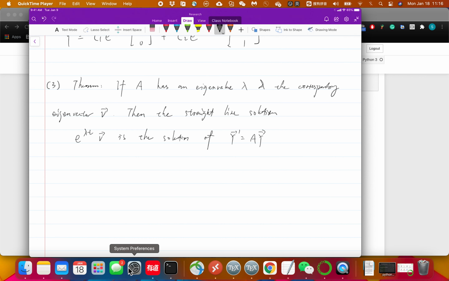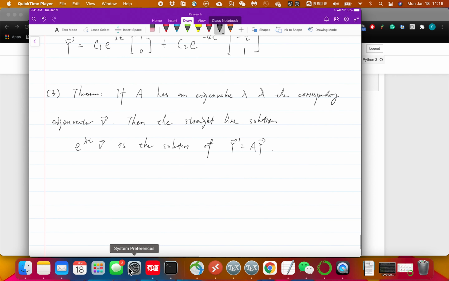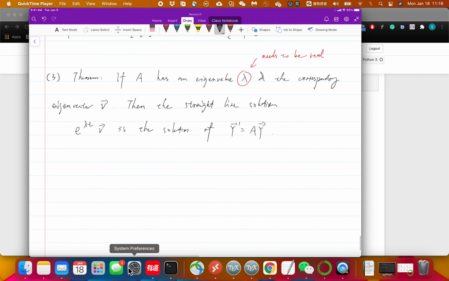That's step 1. Moreover, this eigenvalue λ needs to be real. If it's complex, no straight line, which we will show later. Now that's already good. Moreover, remember, this only gives you a straight line solution.